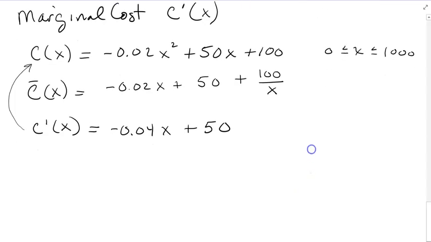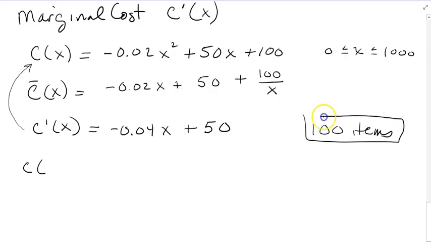So there are a lot of different things that you can do to work with your functions here. The first thing we want to find is, suppose we have 100 items. What's the cost of 100 items?